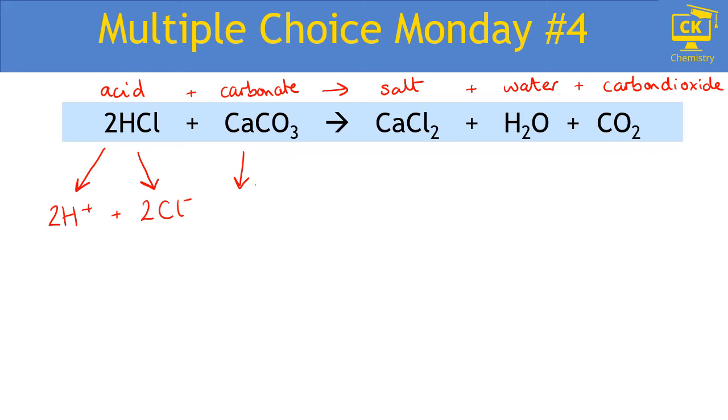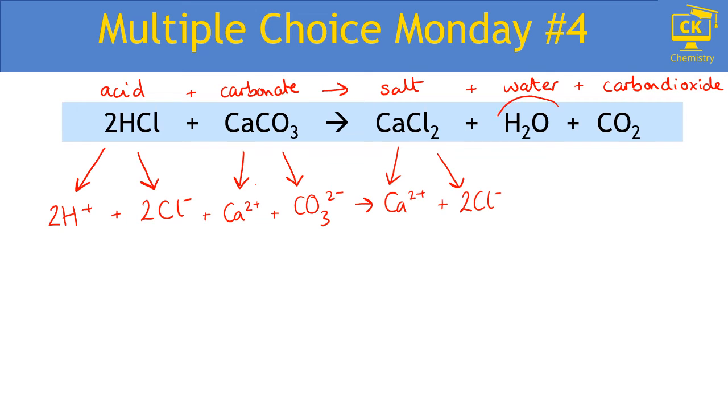I can treat calcium carbonate the same way, so although it's a solid and it doesn't dissolve, I can still think of it as being made up of, in the lattice, calcium ions and carbonate ions. And then my calcium chloride is also an ionic substance, so on the other side I can also see that I have calcium ions and two lots of chloride ions.